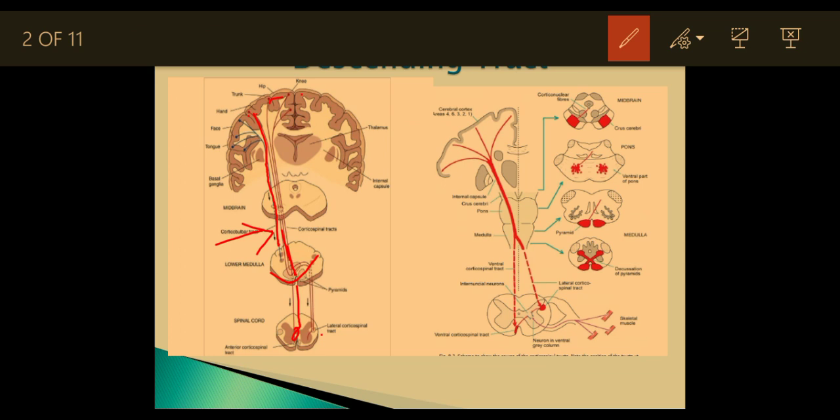So what is the normal function of the CNS? We already discussed that the CNS receives the information from the receptor through afferent fibers, and then it conveys this information to the center via the ascending tract. In the center, the related or integrated decision is made, and that decision is majorly conveyed by the tract which conveys the motor information, or the decision from the higher center to the lower center.